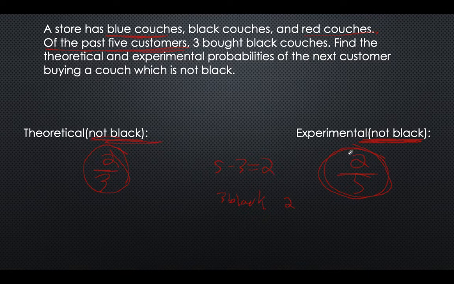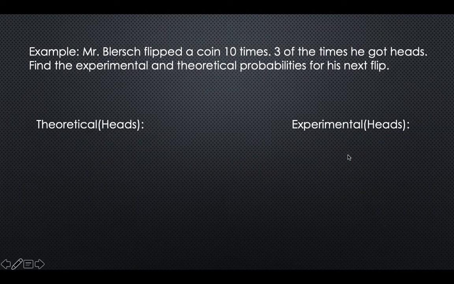In all these, there's been some event: picking on a coworker 20 times, the past 5 people buying couches, or, short-term memory, Mr. Blursh flipping a coin 10 times. So there's some sort of experiment or event that's going on. That's the difference. Because yesterday they didn't really give us any events. They just asked what's the probability of doing this, the probability of doing that. And that's theoretical.